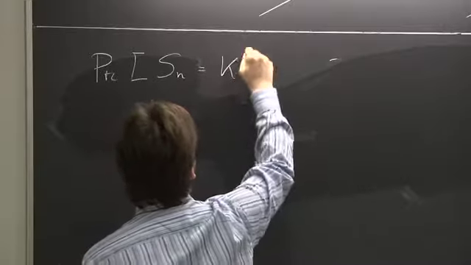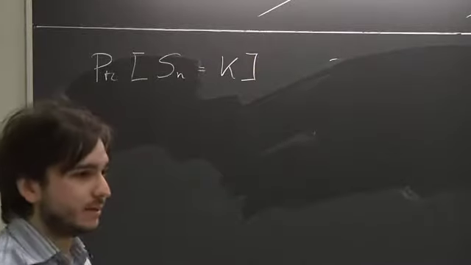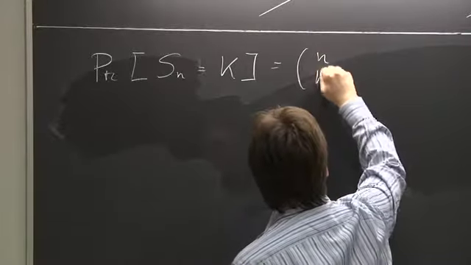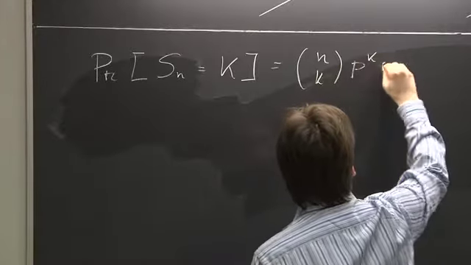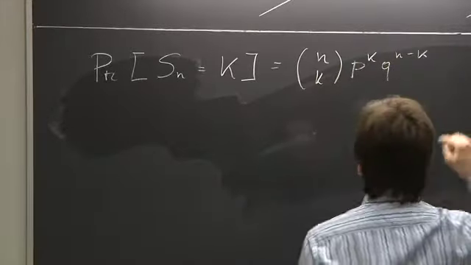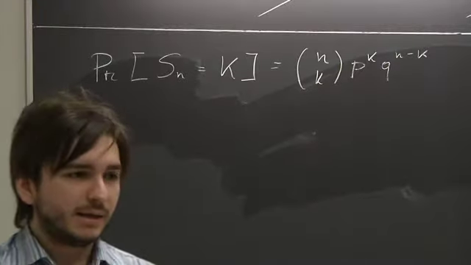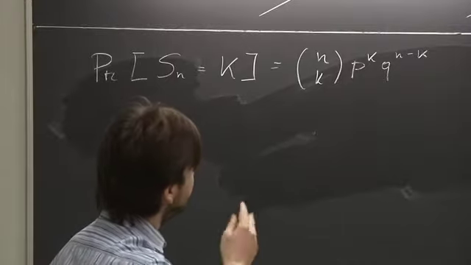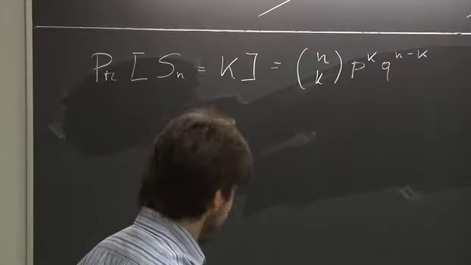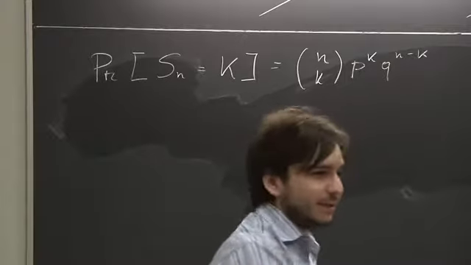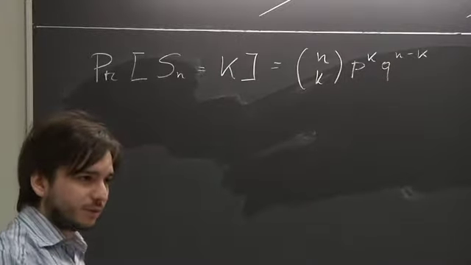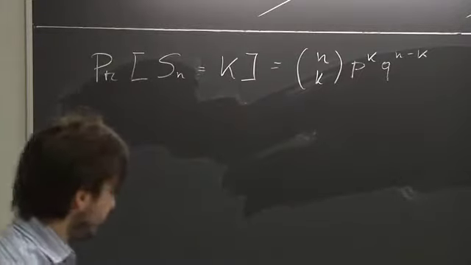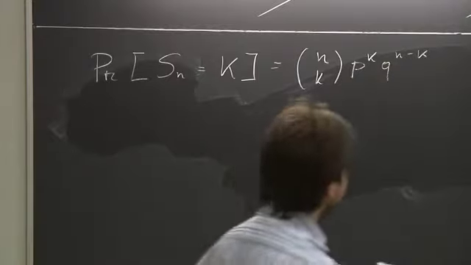We're interested in the probability that Sn is equal to k, which is n choose k, p to the k, q to the n minus k. Right? Basically now we are going to make some approximations, and we will end up with a different expression. Then we will discuss the limits of these approximations and some possible applications of this result. For the moment, try to follow me on the calculations.